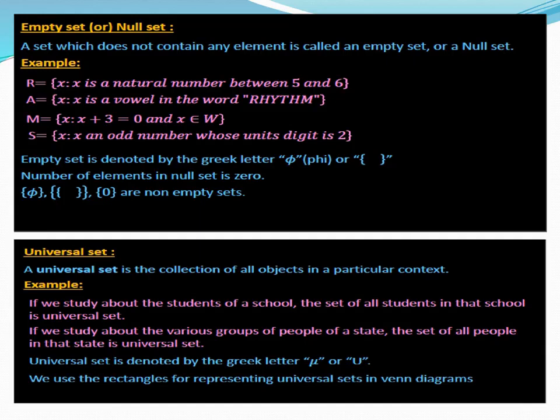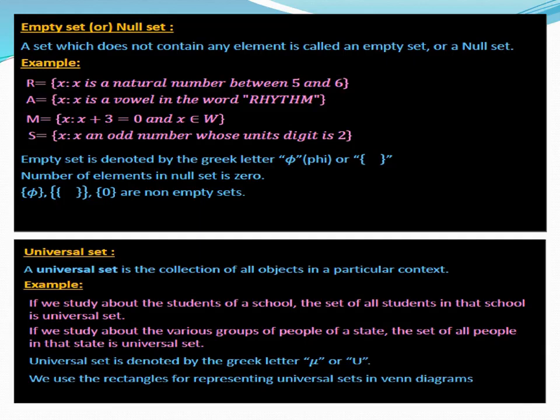Here phi is the Greek letter denoting the empty set, but you don't write phi in between the braces, because if you write it in between the braces, we count one element in the set, but empty set does not have any elements. Also, you can't write 0 in between braces, because that is a non-empty set.